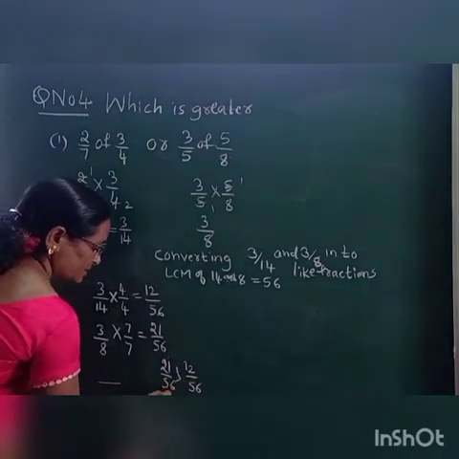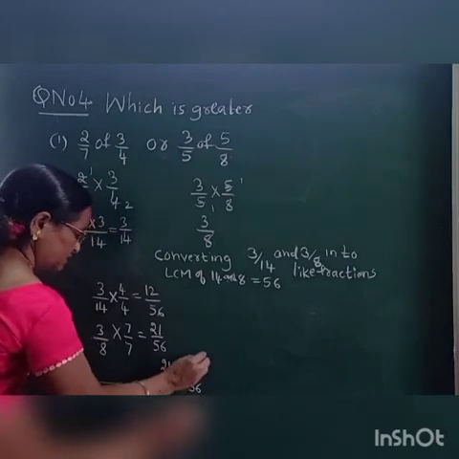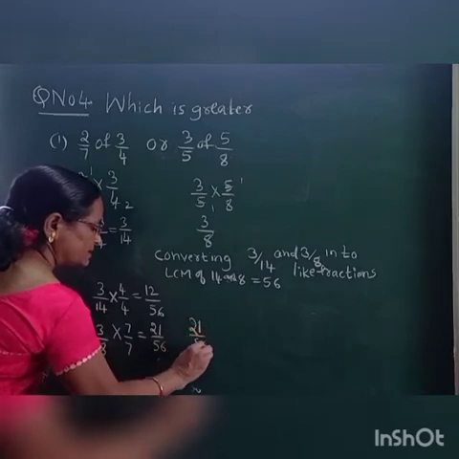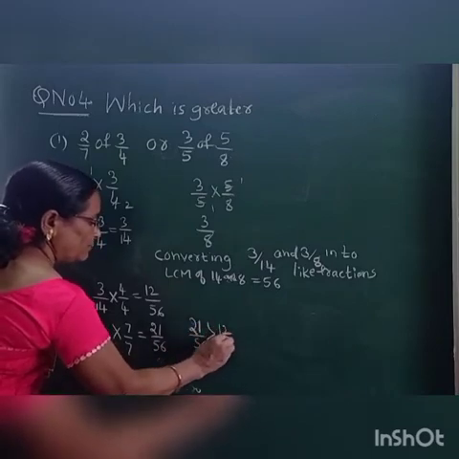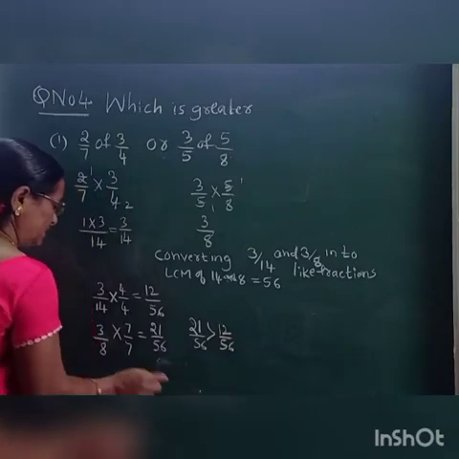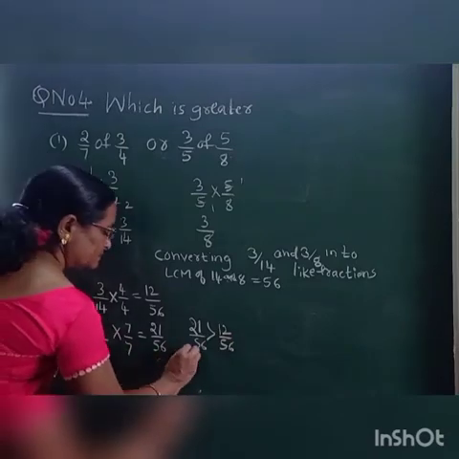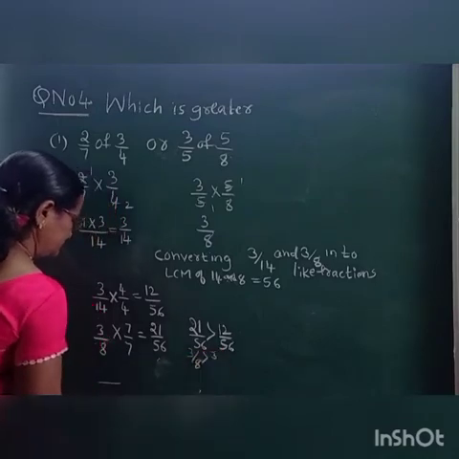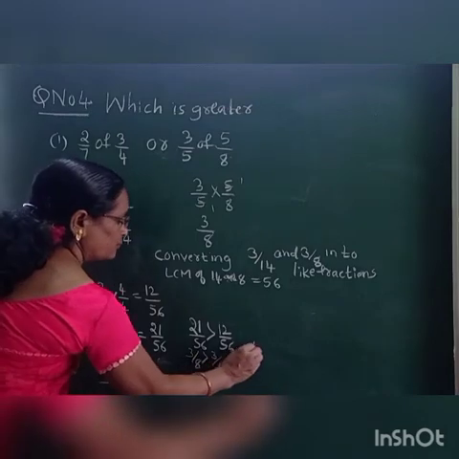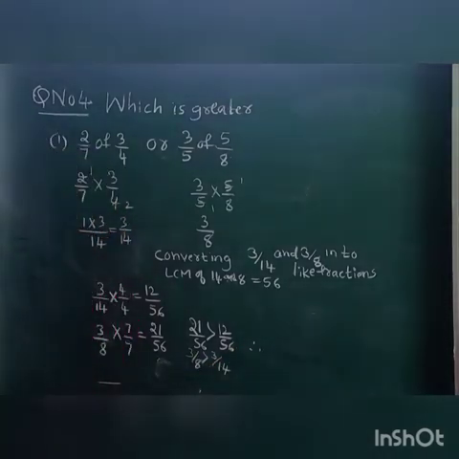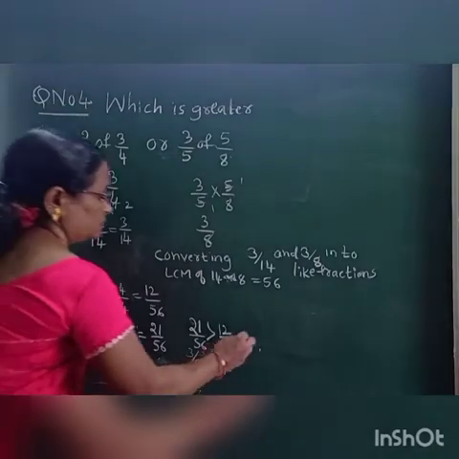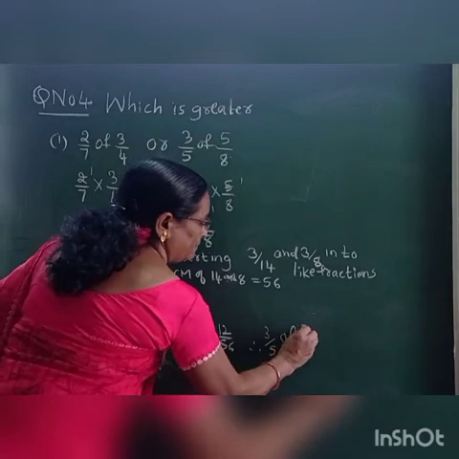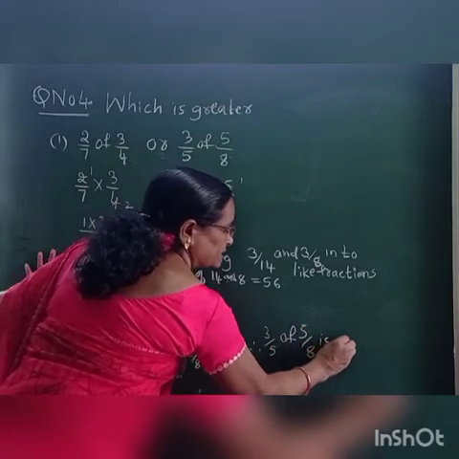It means 3 by 8 is greater than 3 by 14. Therefore, 3 by 5 of 5 by 8 is greater.